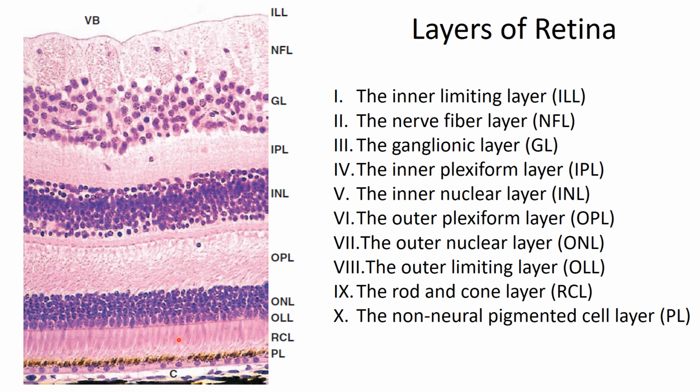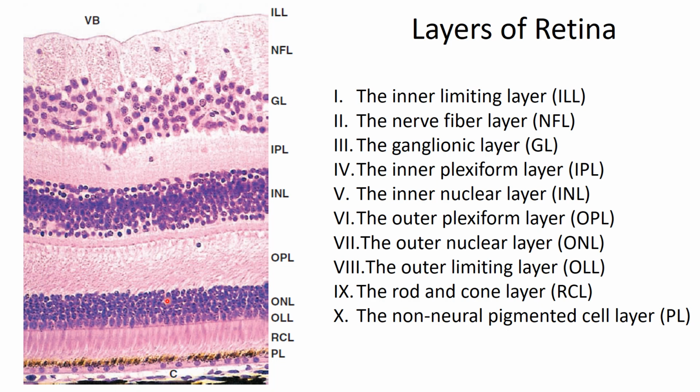Anterior to that is the layer of the rods and cones, the outer photoreceptor portion. Anterior to that is the outer limiting membrane formed by the junctional complexes between the Muller cells and the photoreceptor cells. Outer limiting membrane.